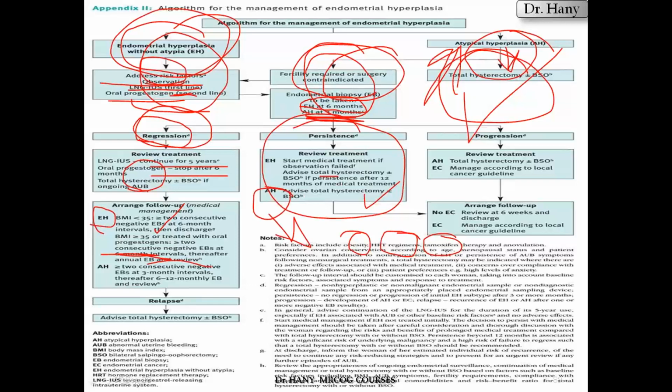I have a trick here. If the woman has atypical hyperplasia and you put a Mirena and you find after 1 year endometrial hyperplasia without atypia, what will you do?